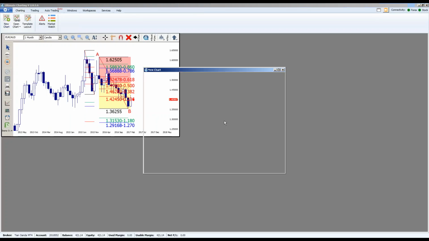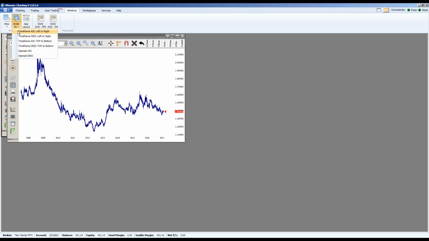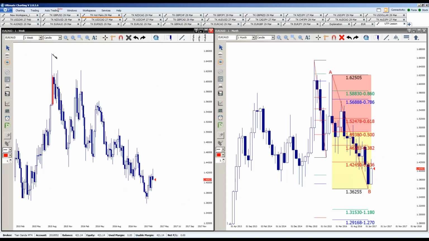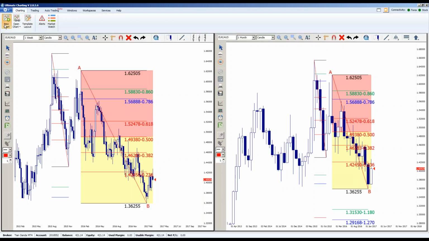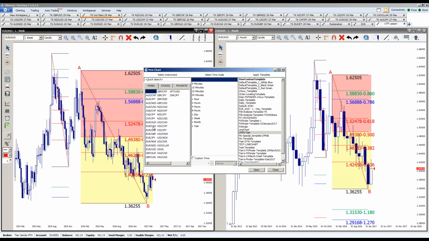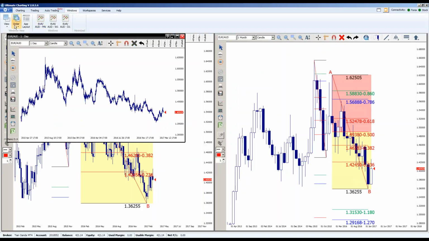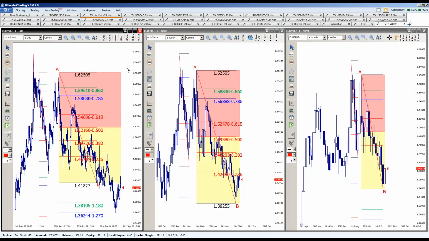If we have a look at a weekly chart, Euro Aussie. And there we go, the market also hit a D extension. If we look at the Euro Aussie daily chart, then the market also hit a D extension.